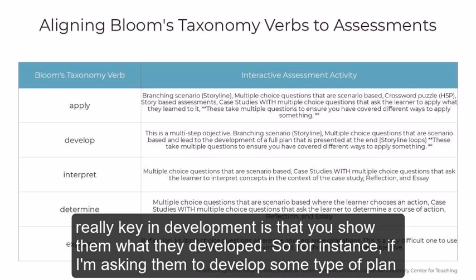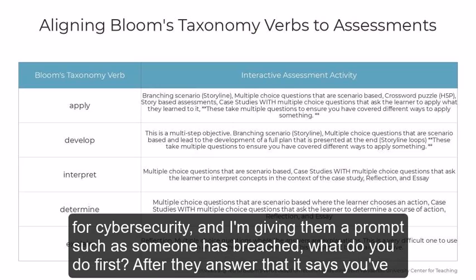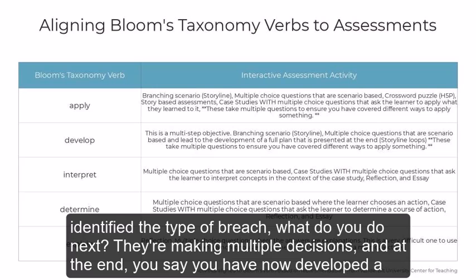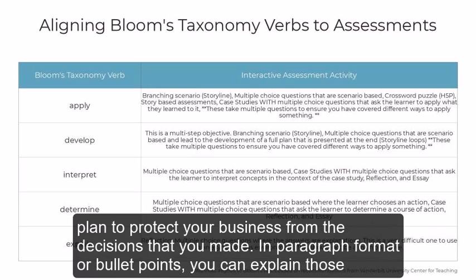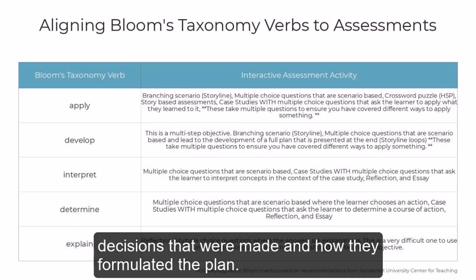So for instance, if I'm asking them to develop some type of plan for cybersecurity, and I'm giving them a prompt such as someone has breached, what do you do first? After they answer, it says you've identified the type of breach, what do you do next? They're making multiple decisions, and at the end, you say you have now developed a plan to protect your business from the decisions that you made. In paragraph format or bullet points, you can explain those decisions that were made and how they formulated the plan.